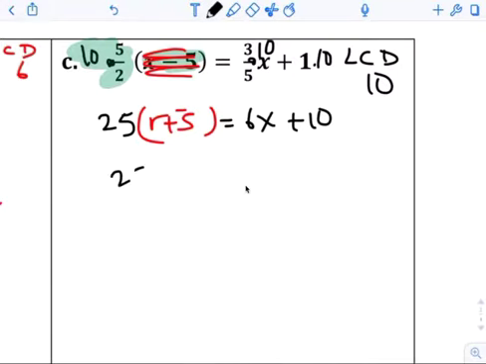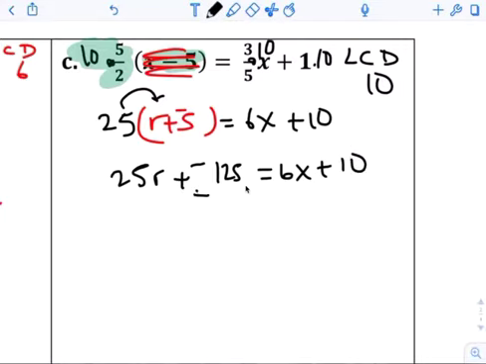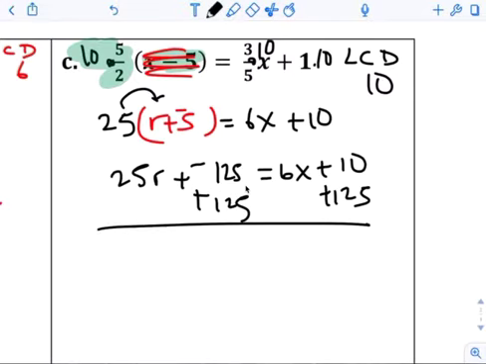Distribute, you get 25r plus a negative 125 plus 10. Add 125, add 125. Oh, that's x.